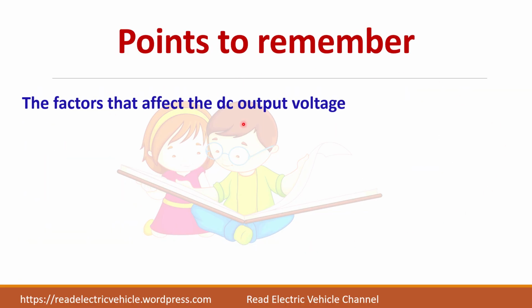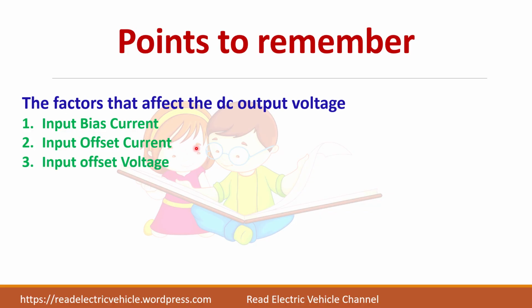The points to remember in this video are the DC characteristics, or the factors that affect the DC output voltage of an op-amp. Input bias current, which is responsible for biasing the input transistors. Input offset current, which is nothing but the difference between the input bias currents.